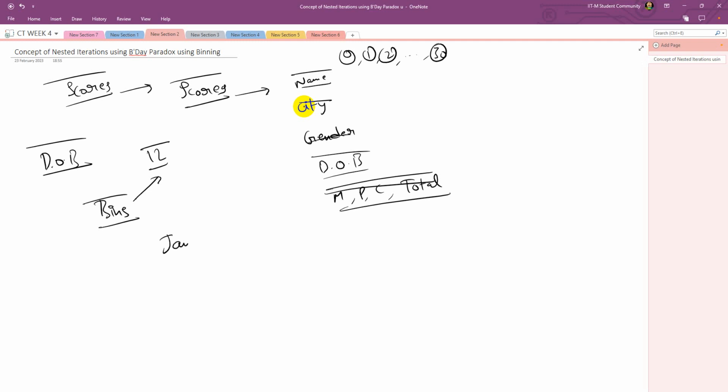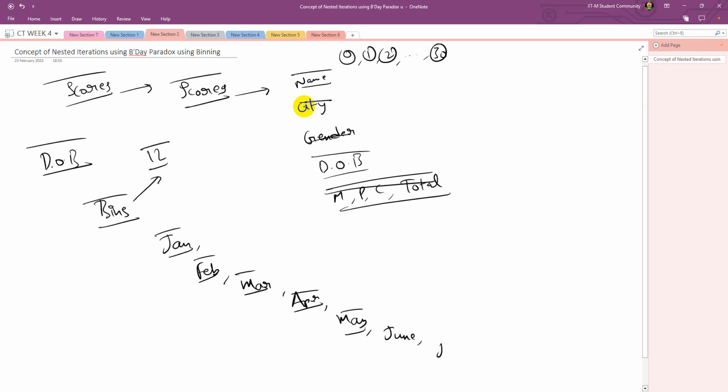So January is one bin, February is the second bin, March is the third bin, April is the fourth bin, May, June, July, August, September, October, November and December.